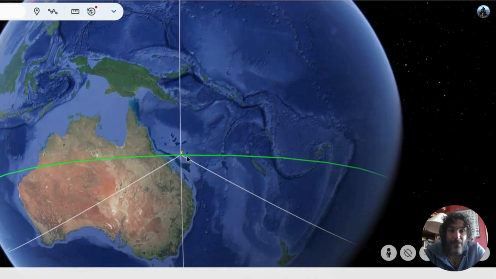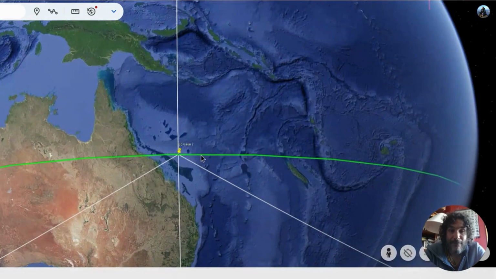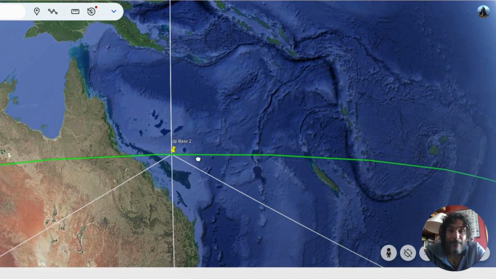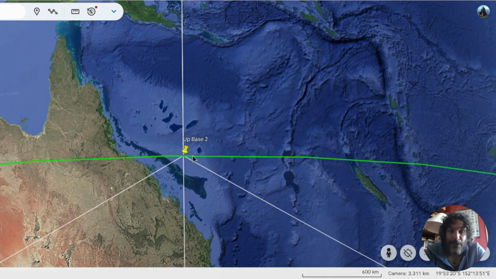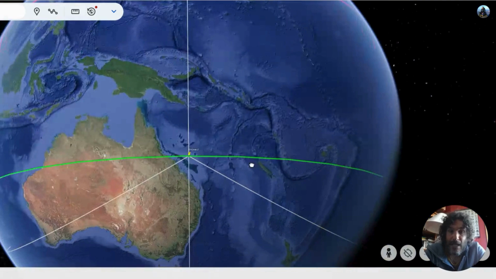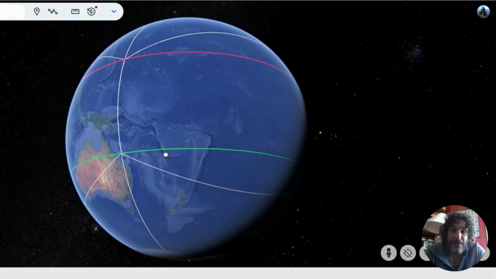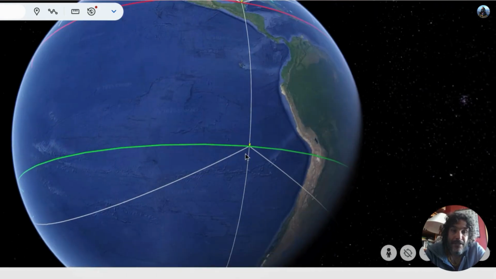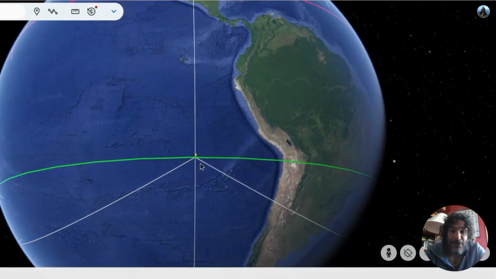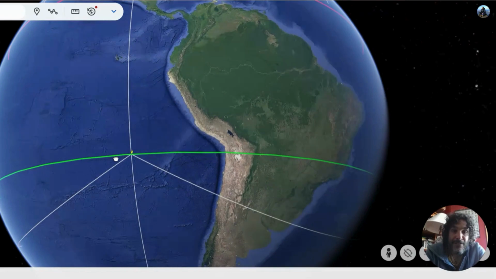So another point is the Coral Sea in Australia, and we have another point in the Pacific Ocean near South America.